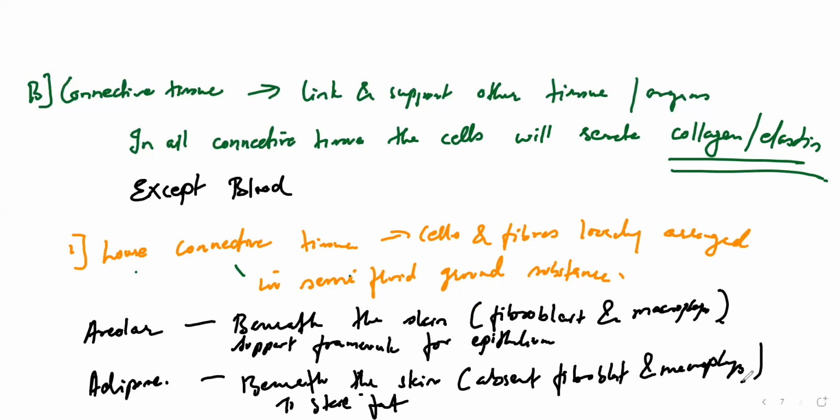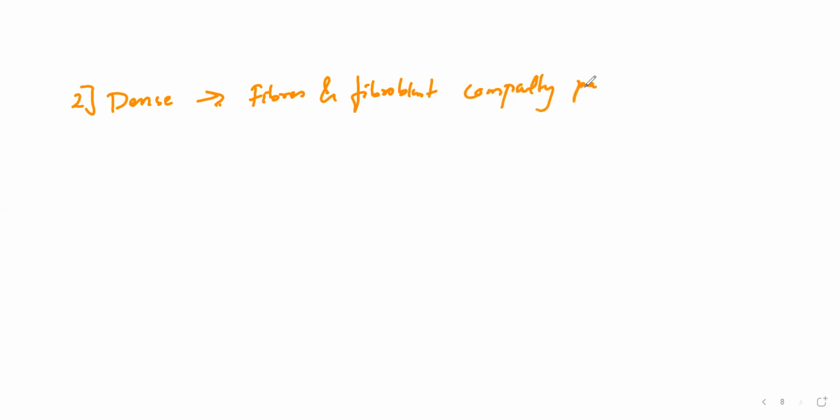Then comes the second type, that is dense. In this, whatever fibers and fibroblasts are there, they will be compactly packed, obviously in the dense connective tissue, right?